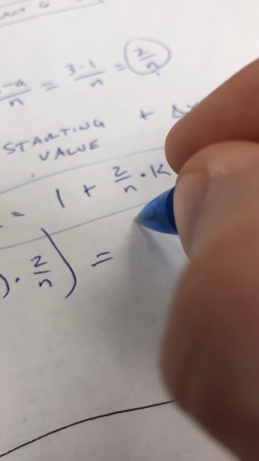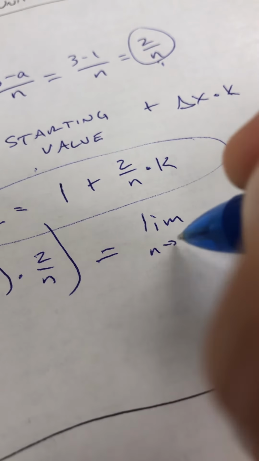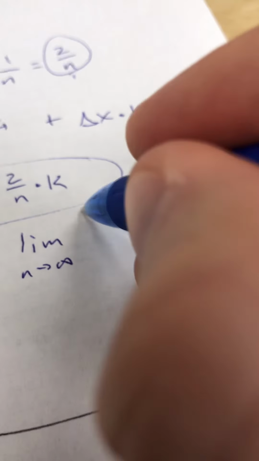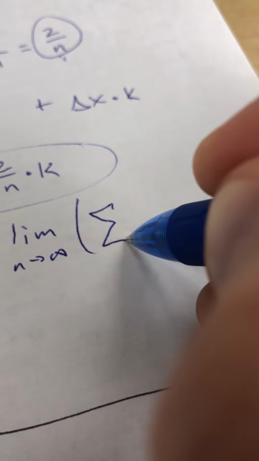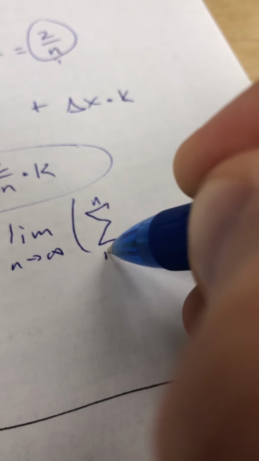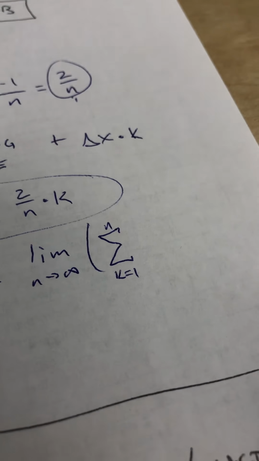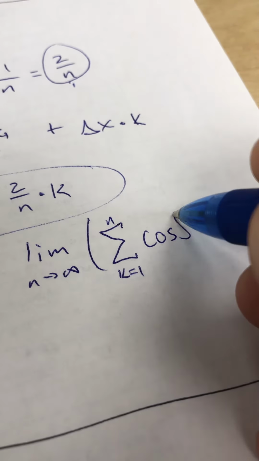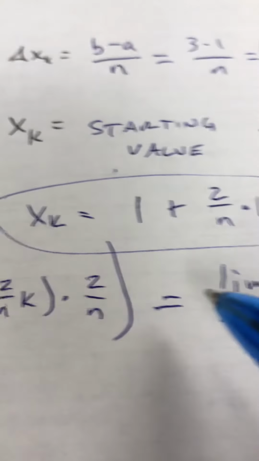So we still have a limit as n approaches infinity of the Riemann sum from k equals 1 to n. My function was cosine square root. What's my x value?